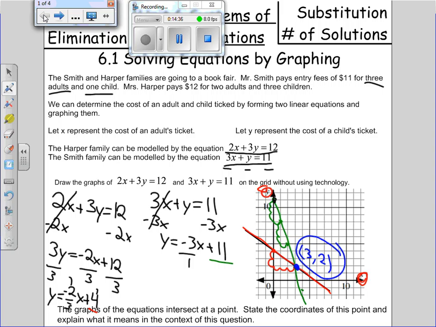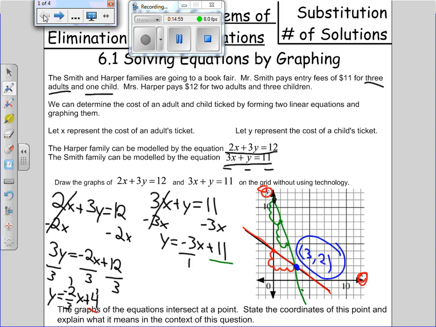So the y max actually, I'm going to make 12. Good observation, because it actually passed 10, didn't it? If it's 11, it just hits the top of the calculator and then you won't see it. So I make it 12 so you can see it.